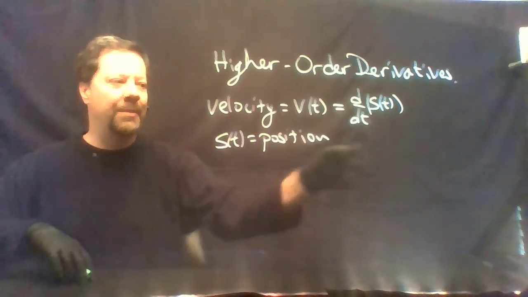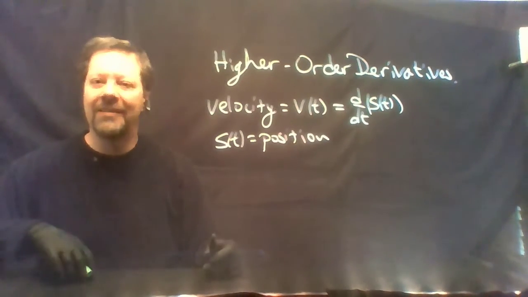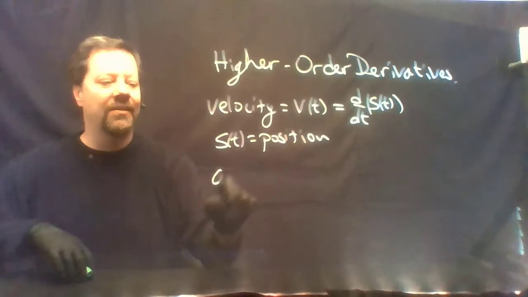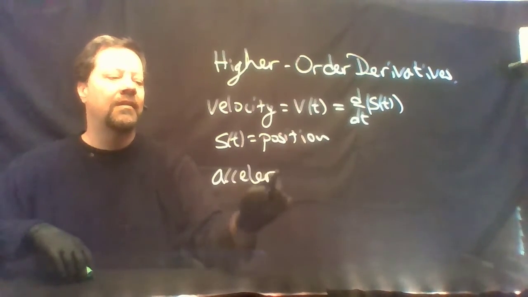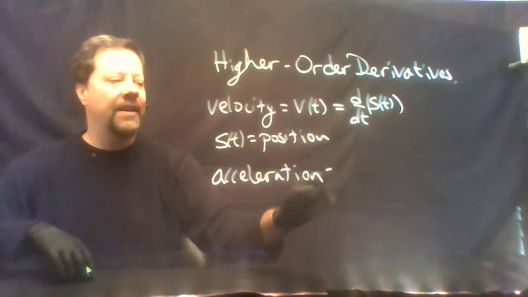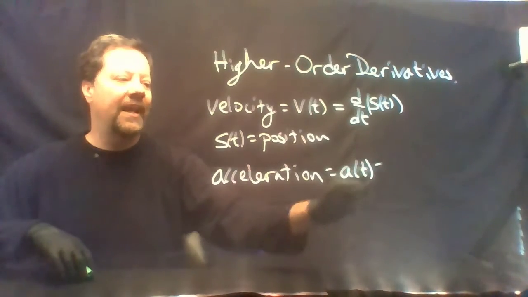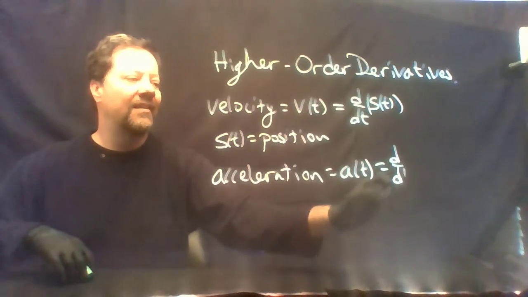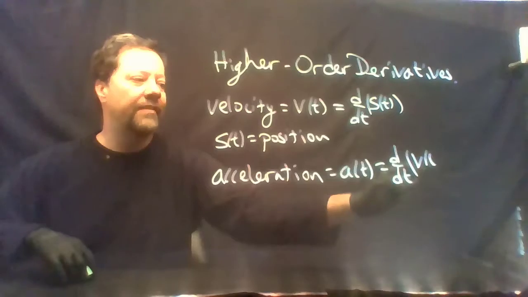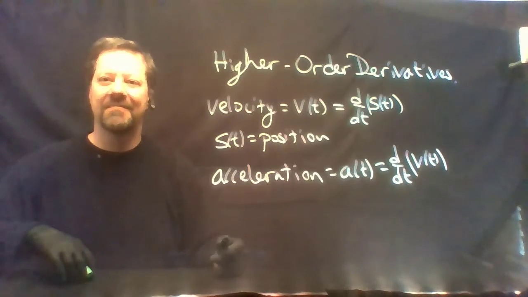The rate of change of position with respect to time is called velocity. Also, acceleration, which we can denote by a of t, is the time rate of change of the velocity function.